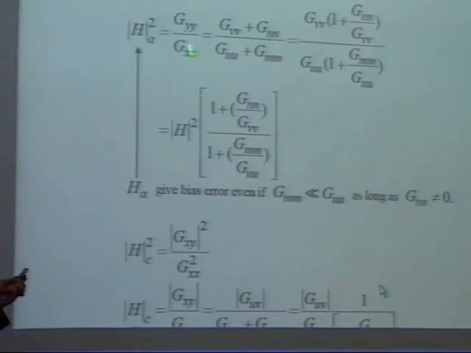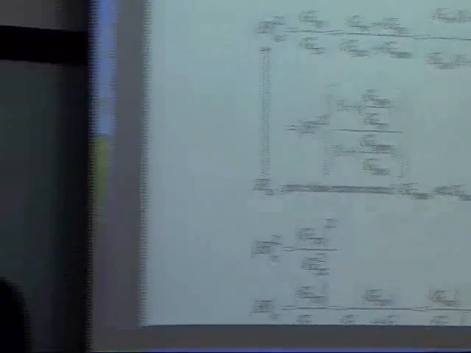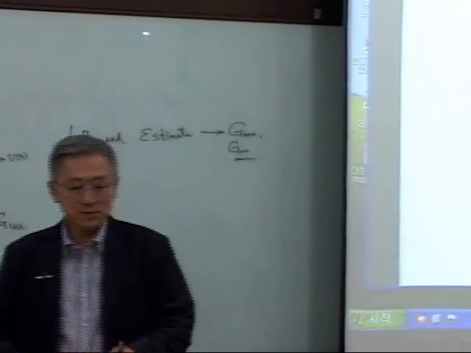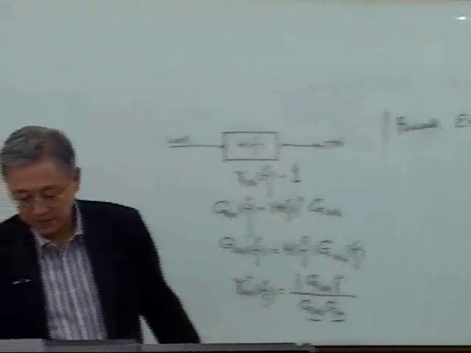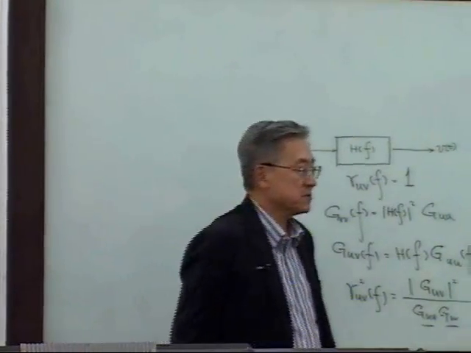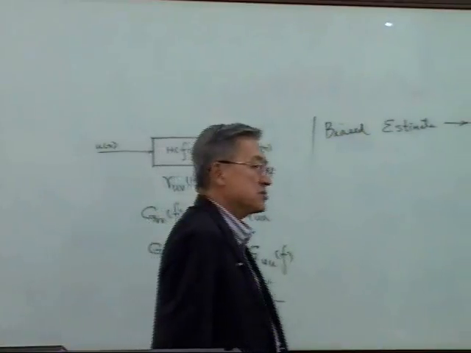This uses G_YY over G_XX, the auto spectra. So H_A uses the auto spectra. And now using the cross spectra, it's good.